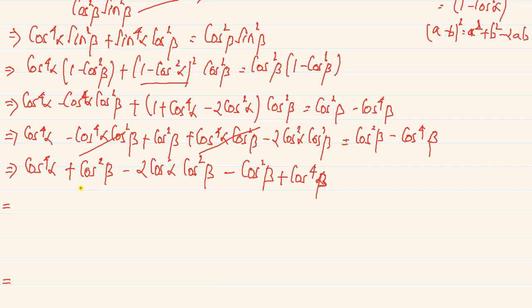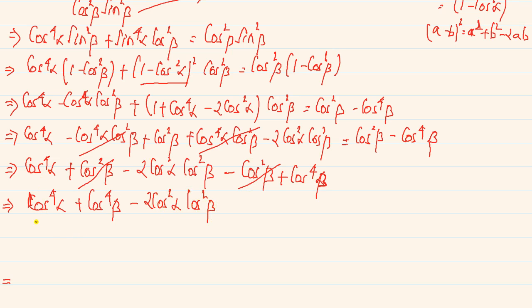So plus cos square beta minus cos square beta will get cancelled. So it will be cos to the power of 4 alpha plus cos to the power of 4 beta minus 2 cos square alpha cos square beta.